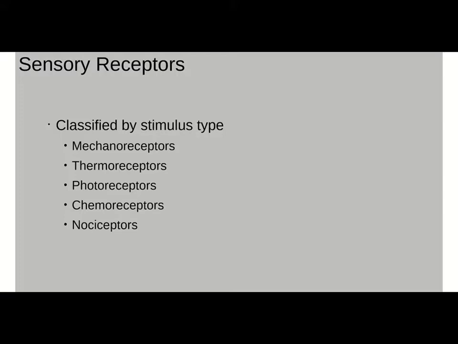And there's several different ways. The first way that we can classify these sensory nerves is by what type of stimulus they are sensitive to. One nerve typically will only respond to a certain stimulus type, and if there's a different stimulus, a different nerve will have to respond to that type.